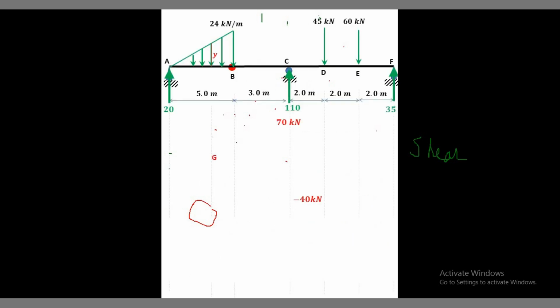So, nasolve ko na ngayon yung mga reactions at point A, point C, and point F. After na nakuha na natin yung external reactions, we can now draw the shear and moment diagram.